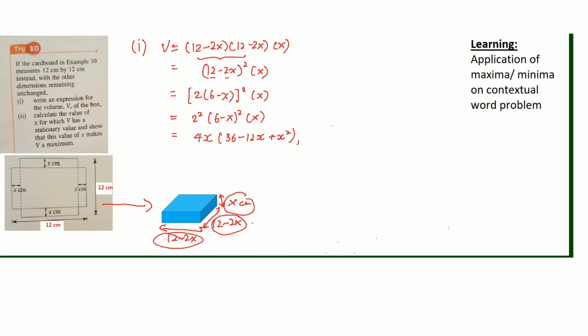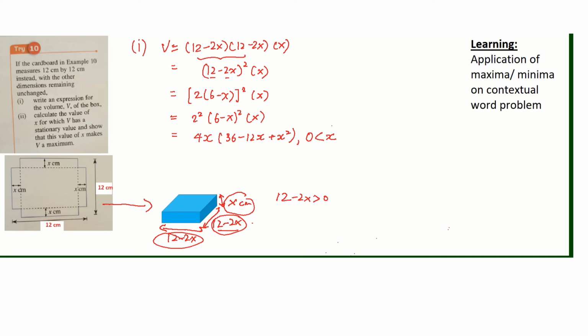All right, so if I want the box to have a certain thickness, because if the box has no height, it will just simply be a 2D image, so obviously, our x has to be greater than 0. And the next important thing is this, 12 minus 2x has to be greater than 0 as well.